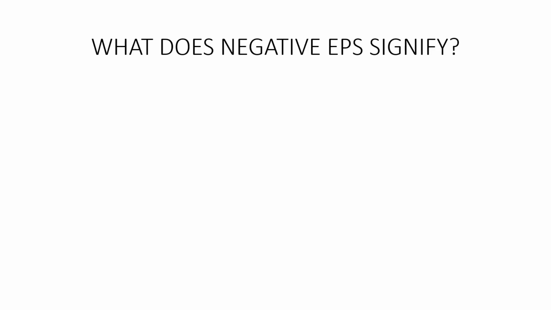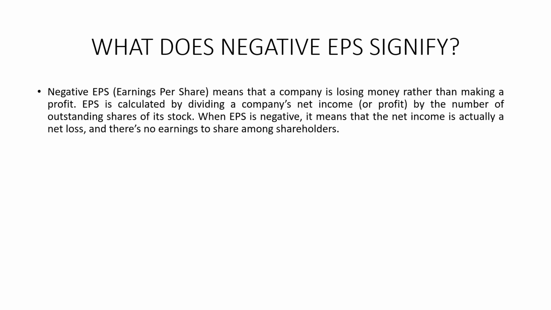Now, what does negative earnings per share signify? So negative earnings per share means that a company is losing money rather than making a profit. So we saw in our previous example, one of the companies had a negative earnings per share, right? So this is what it exactly means. And EPS is calculated by dividing a company's net income or the profit by the number of outstanding shares of its stock.